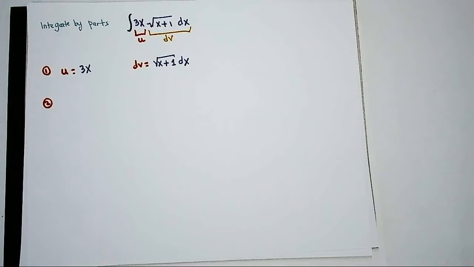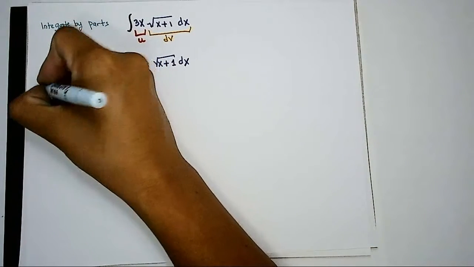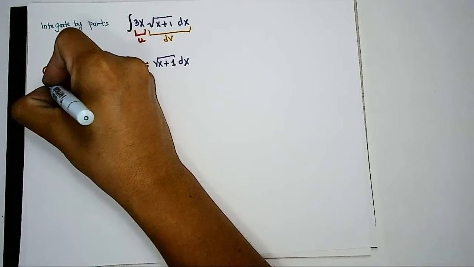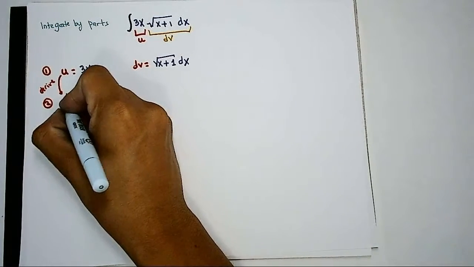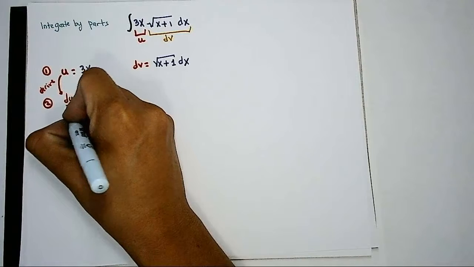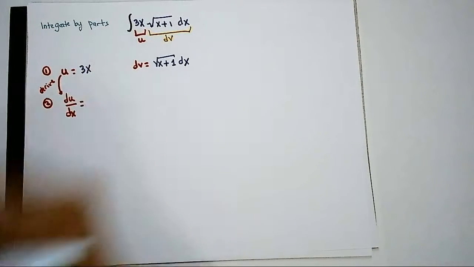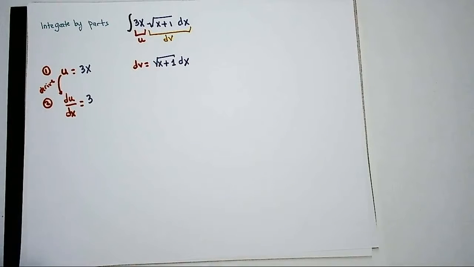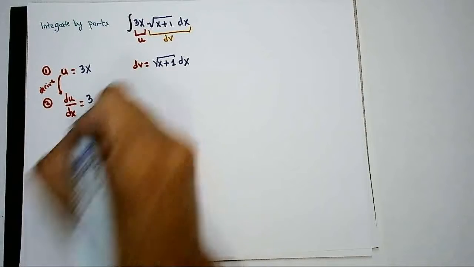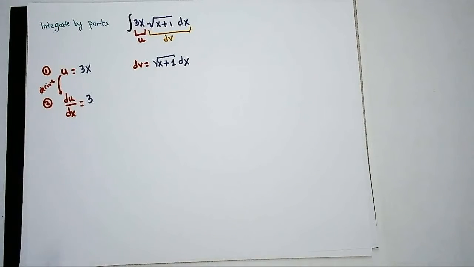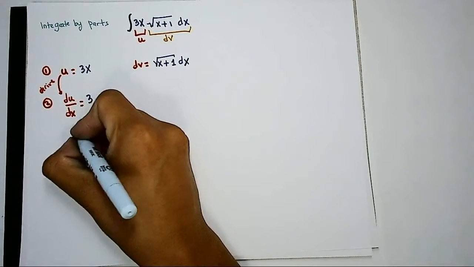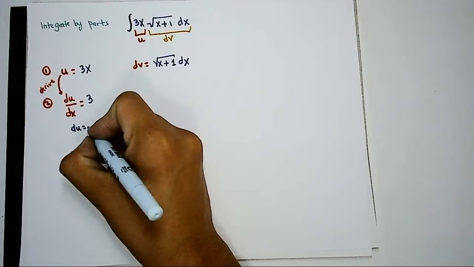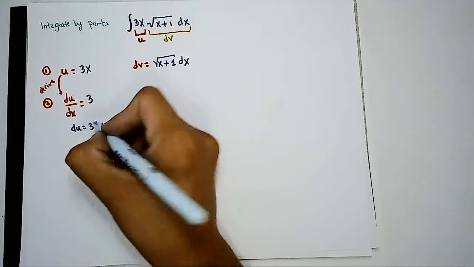In the second step, we derive u with respect to x. This is equal to 3. This means that du is equal to 3 dx.